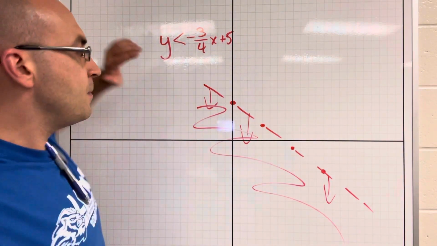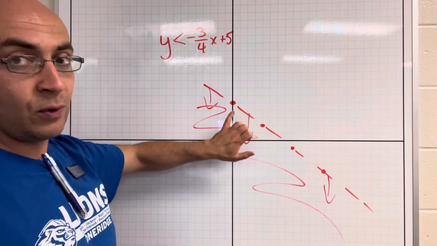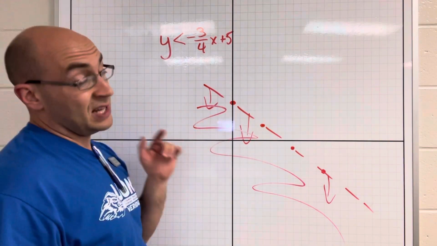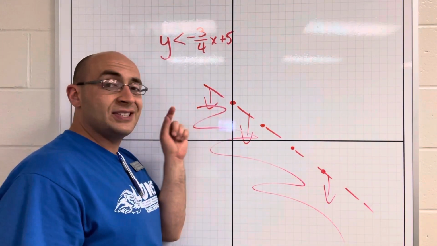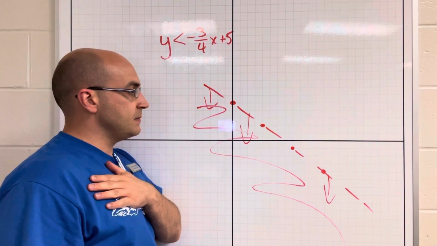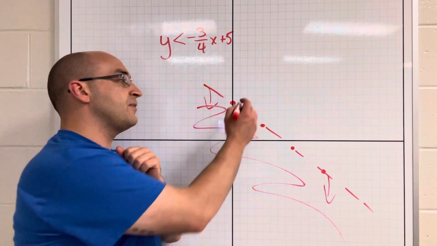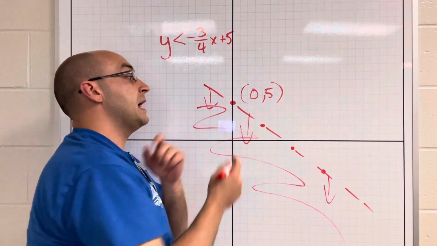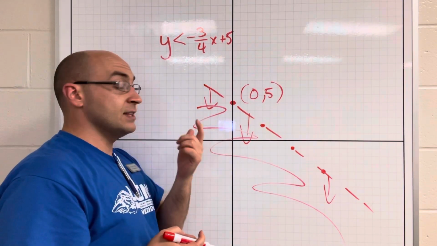Now let's go back to what we talked about before, if there was a point on this line. Since this is just less than, a point that's on a dashed line is not a part of the solution set. So let's do an example. We know (0, 5) is the y-intercept, and it is a part of how we created this line. It is also on that line.